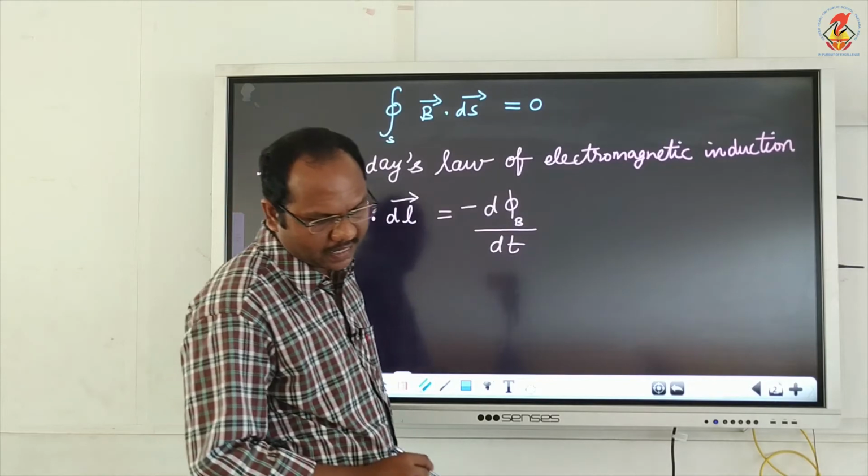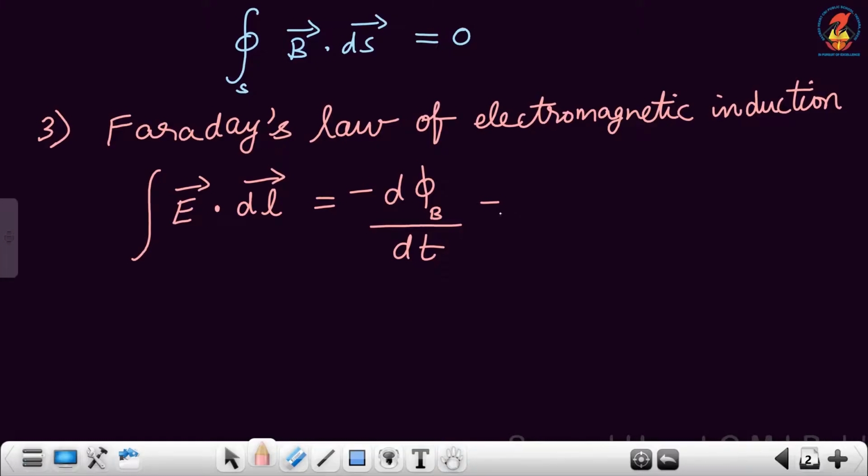This can be rewritten as minus d by dt of integral B dot ds.